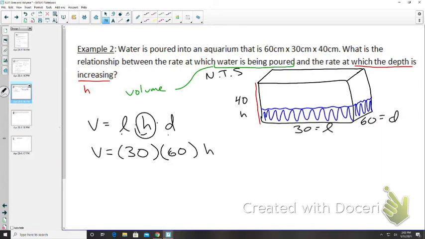So let's differentiate. The derivative of V is V prime. These two values, 30 and 60, are they changing? No, so let's just leave those alone. Actually, we can multiply them together. So 3 times 6 is 18, add our two zeros, 1800, and the derivative of H is H prime.